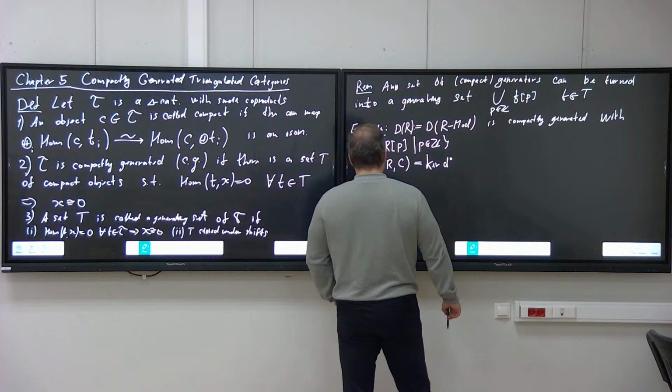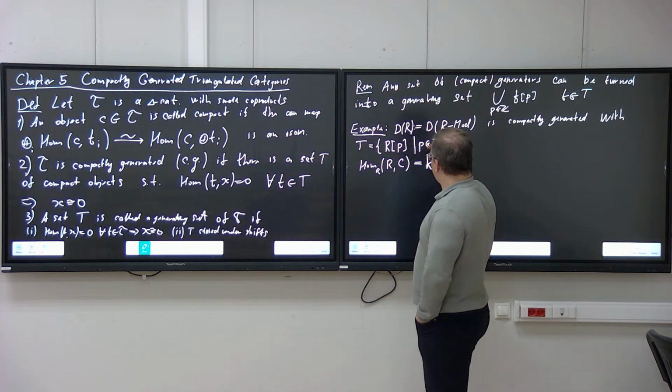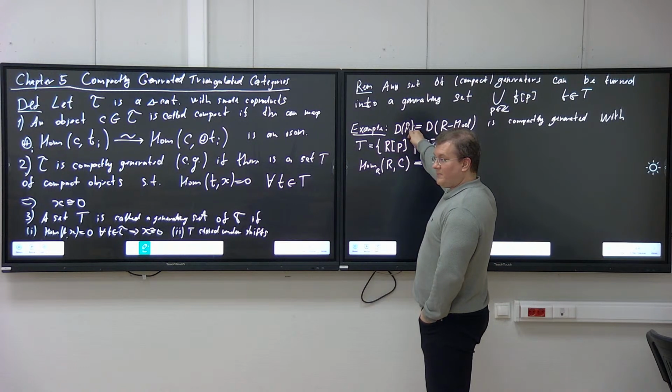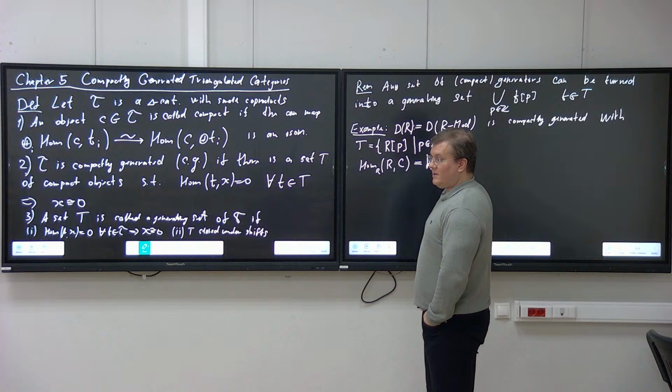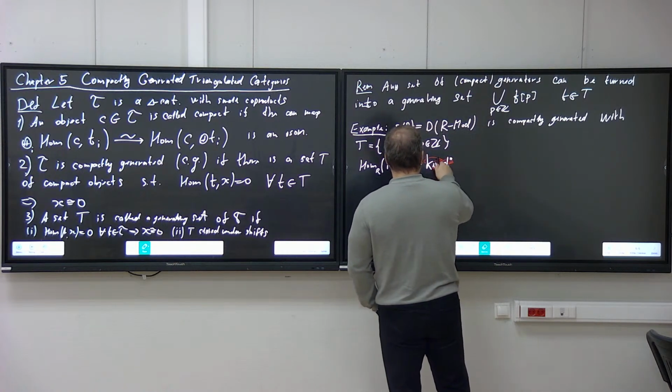Yes, this is Hom in the derived category. No, then it's just the zeroth homology of C. Well, maybe we can do this as a computation.